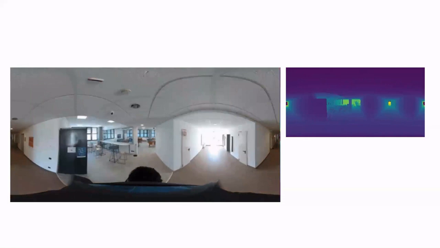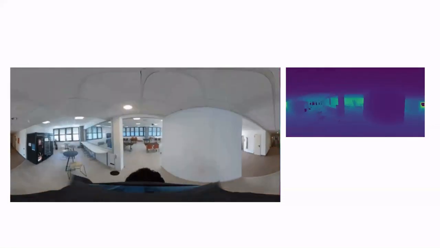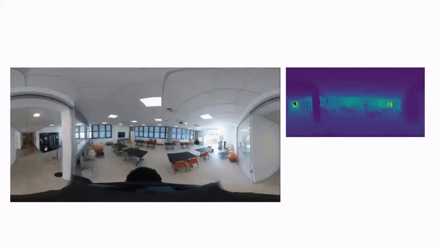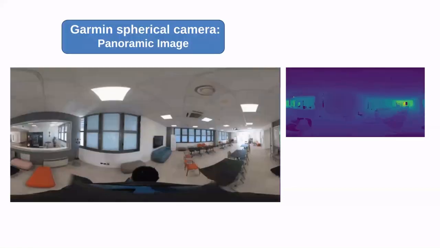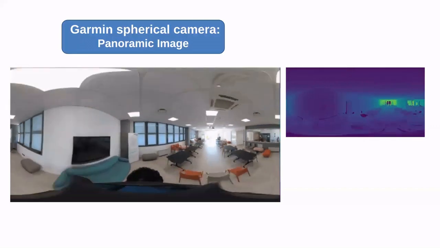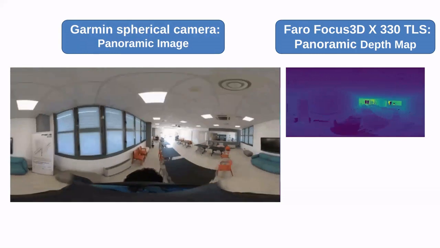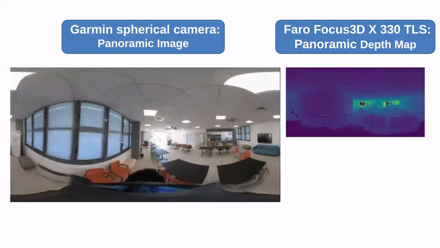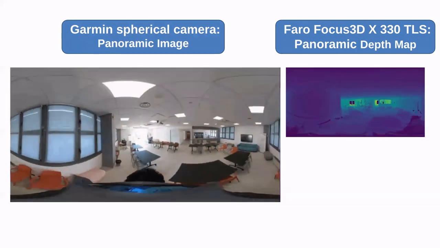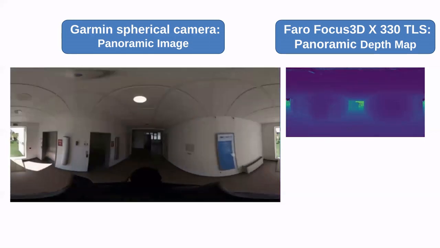To evaluate our model on this dataset, we used the panoramic images acquired by the device's Garmin spherical camera as input, and we used the depth maps provided by an acquisition of the same environment using a Faro Focus 3D X330 TLS as ground truth.